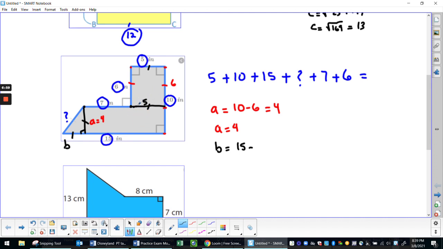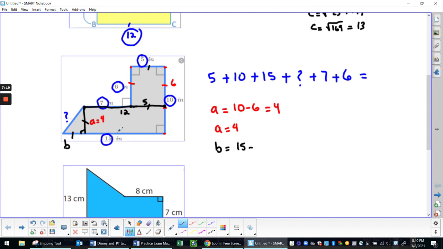So 7 plus 5 is what you need to look at. This entire piece from here to here, 7 plus 5, is 12, right? 7 plus 5 is 12.